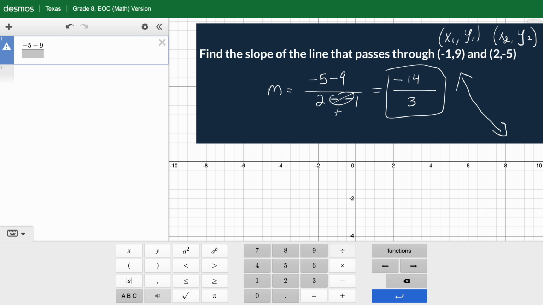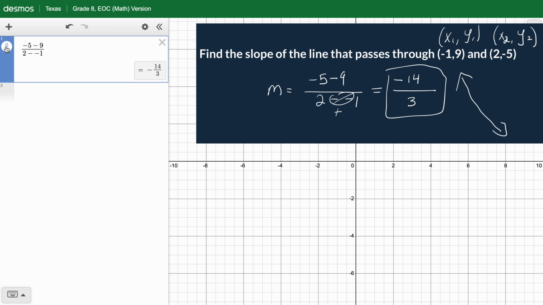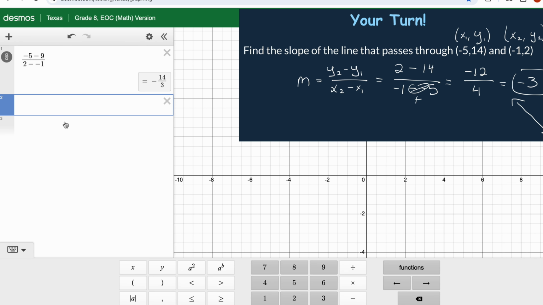So we just type in -5 minus 9, and then on the bottom, 2 minus -1. And it gives us this ugly decimal here. And for slope, it's not good to work with decimals. So we can come over here and click this fraction looking button, and it'll give us that simplified fraction, which matches up with what we found in our answer.